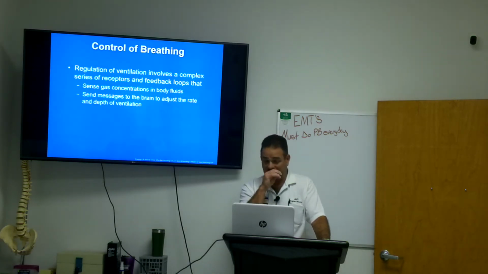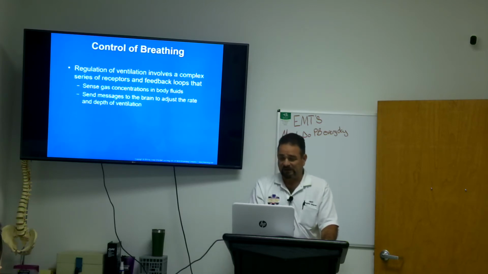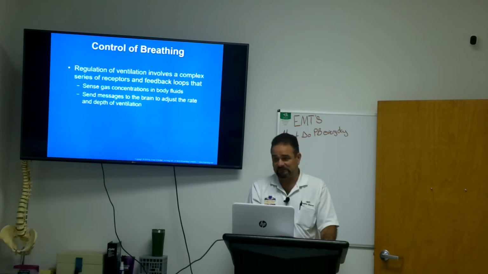Control of breathing. What regulates it? Regulation changes primarily with the pH of the cerebrospinal fluid, the CSF, which is directly related to the amount of carbon dioxide dissolved in the plasma portion of the blood, the PaCO2. The responsiveness of the CSF is to stimulate our breathing.